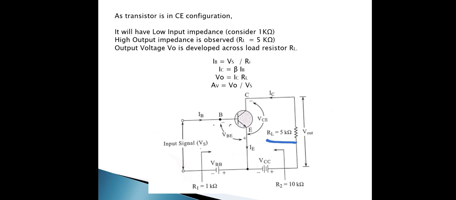As it is a CE configuration circuit, the output impedance will be high, so it is 5 kilo ohms. The input impedance should be considered low, so I have taken a value of 1 kilo ohm. So 1 kilo ohm is the input impedance and 5 kilo ohms is the load resistance.